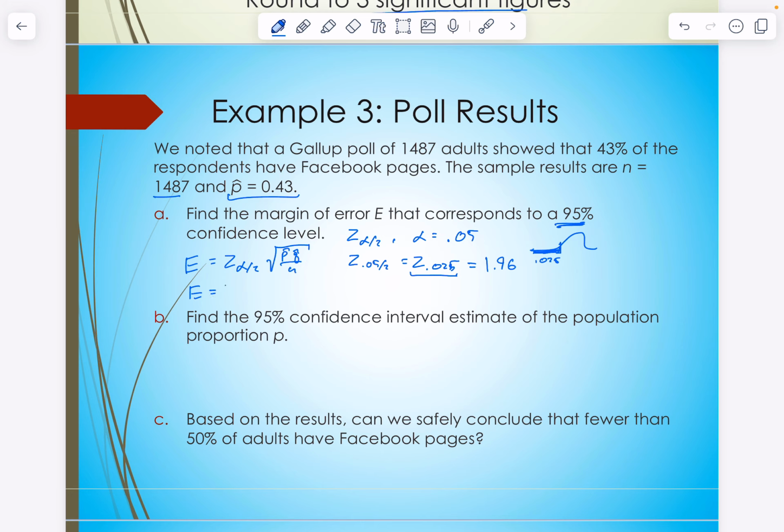So my margin of error is going to equal 1.96 times the square root of p hat, which is 0.43, times q hat, which is 0.57. All I did was subtract p hat from 1 and got q hat. And then I divide by 1487, like that.